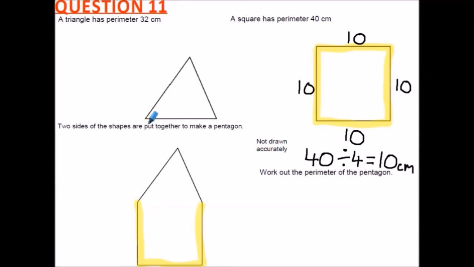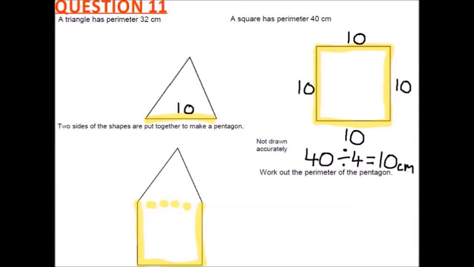So we know that this bit here, I'm going to just put it in a dotted line, this bit here would also be 10 because it joins exactly the bottom side onto the top of the square. So these two have got to be equal because they join onto each other exactly. Going back to the triangle, we're told that the perimeter is 32.